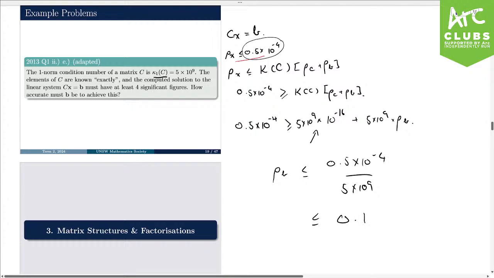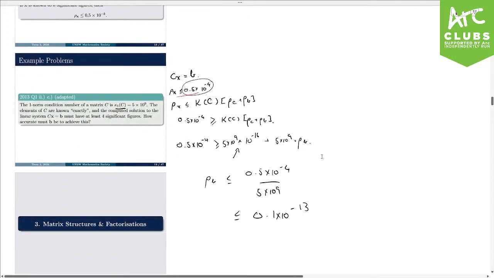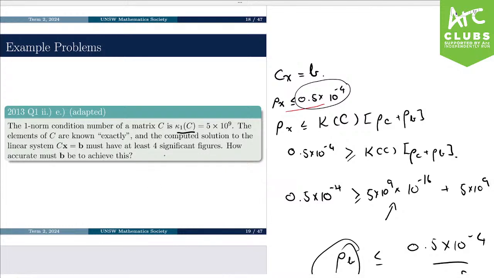And this would be 0.1 times 10 to the minus 13, and that's less than 0.5 times 10 to the power of minus 14. So we have to know rho of b to 14 significant figures to achieve this degree of accuracy in our solution.